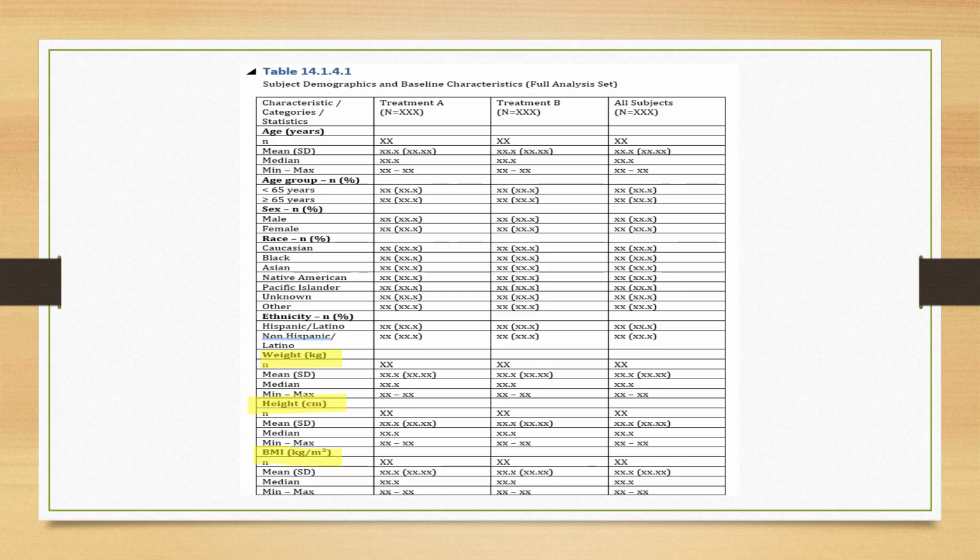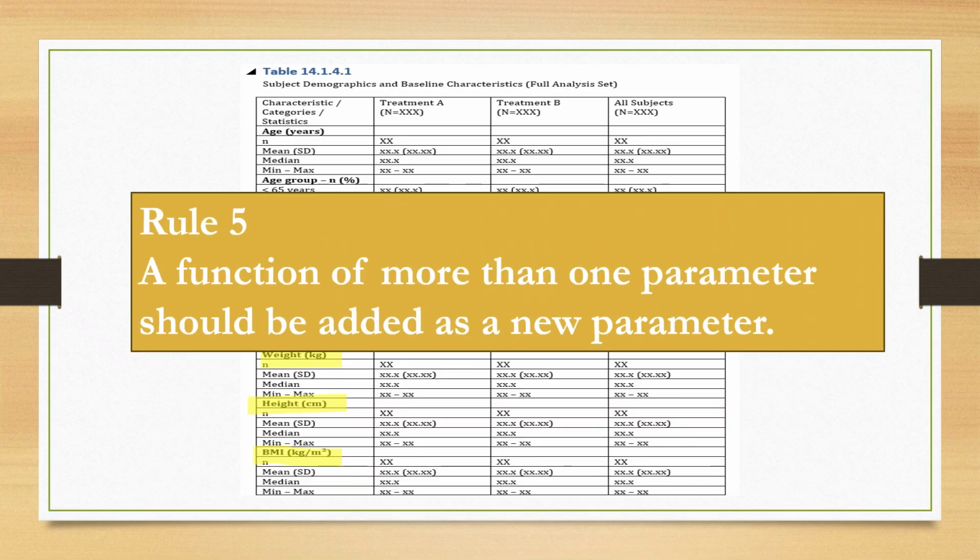So if you want to display the BMI category in your demographic baseline characteristics table, we will need to create this BMI PARAMCD in your ADaM dataset, which can be your ADSL dataset here. So as per Rule 5, taking into consideration the example of BMI, which is being created from two parameters, Rule 5 states that a function of more than one parameter should be added as a new parameter.